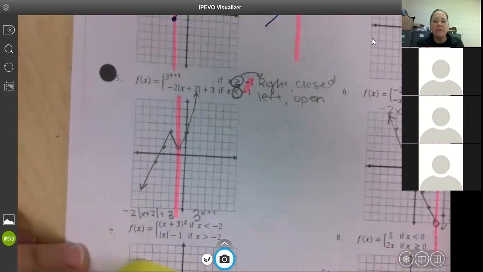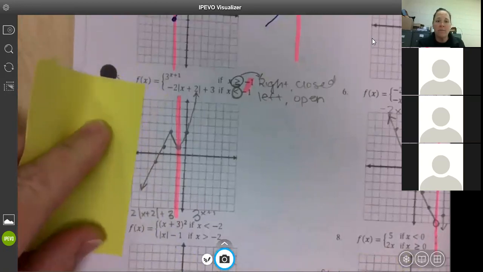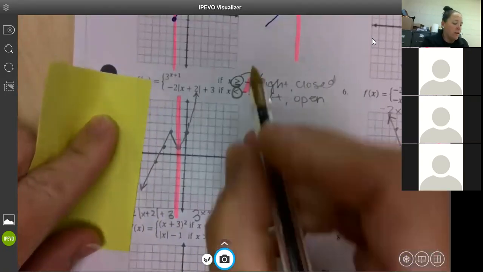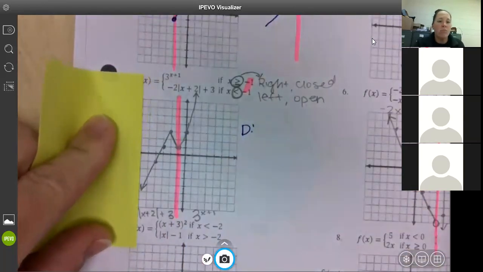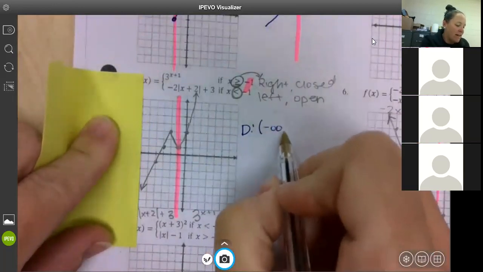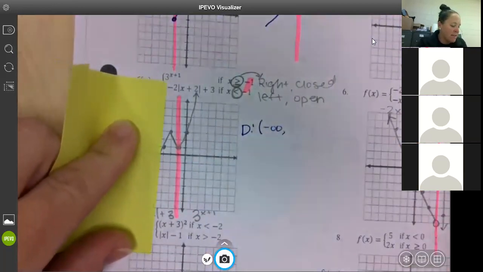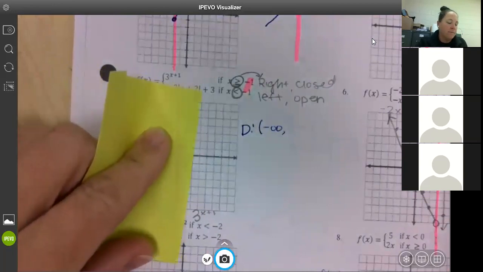You should have all these done, so this should not be a surprise to you. If you've not got them done, you need to get on the ball. You're running behind. All right, so we're going to do domain. What do I see on the left? Negative infinity, yes. As we move, do I see any holes? No. So where does it go to?